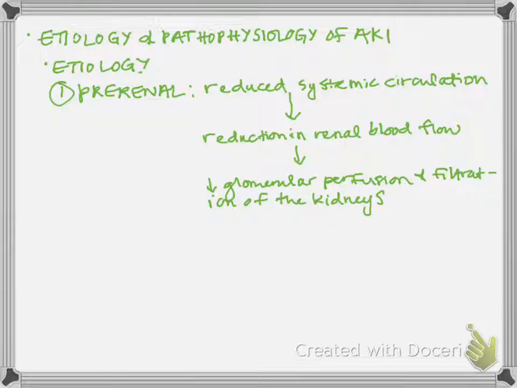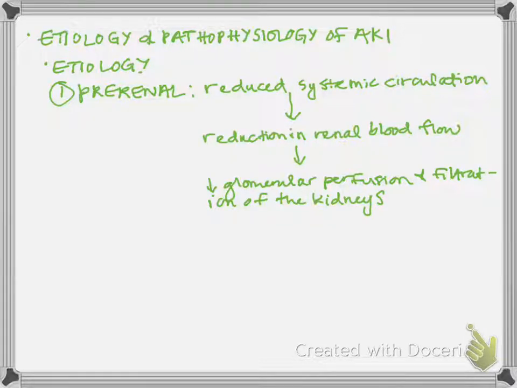Well, AKI is a type of MODS. AKI is kidney failure as a result of these three classifications of causes. In particular, pre-renal has to do with poor tissue perfusion related to impaired cellular metabolism, with the definition of shock. There are other things that can contribute to AKI, but all your different types of shock can lead to AKI.